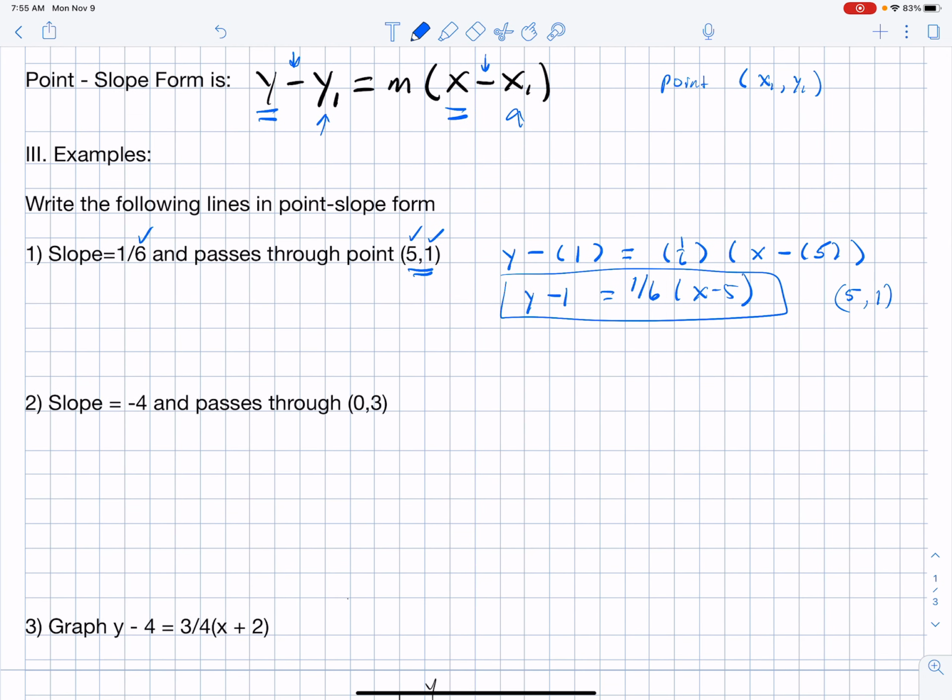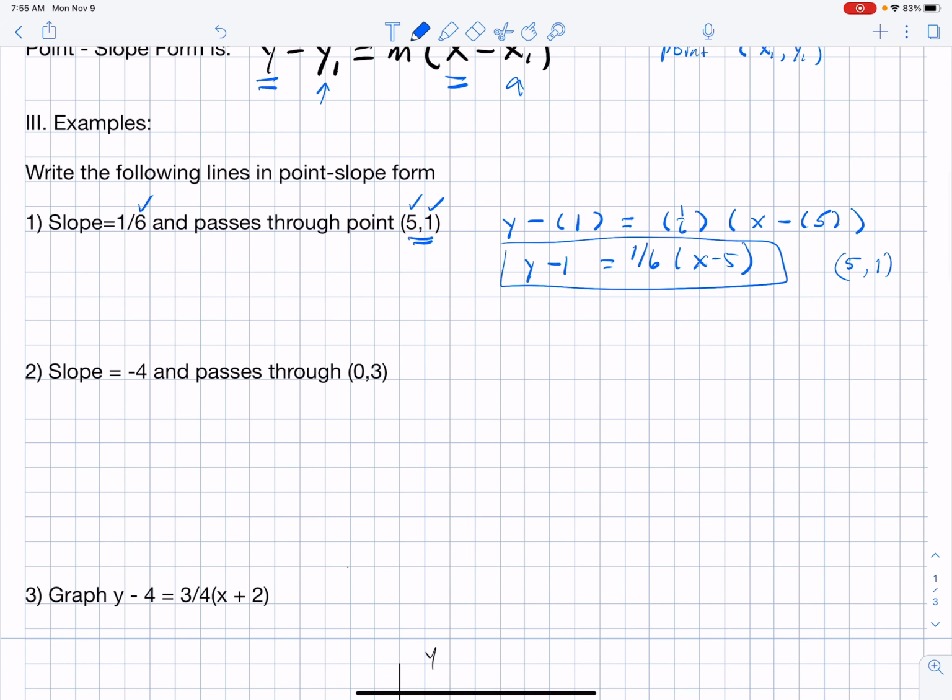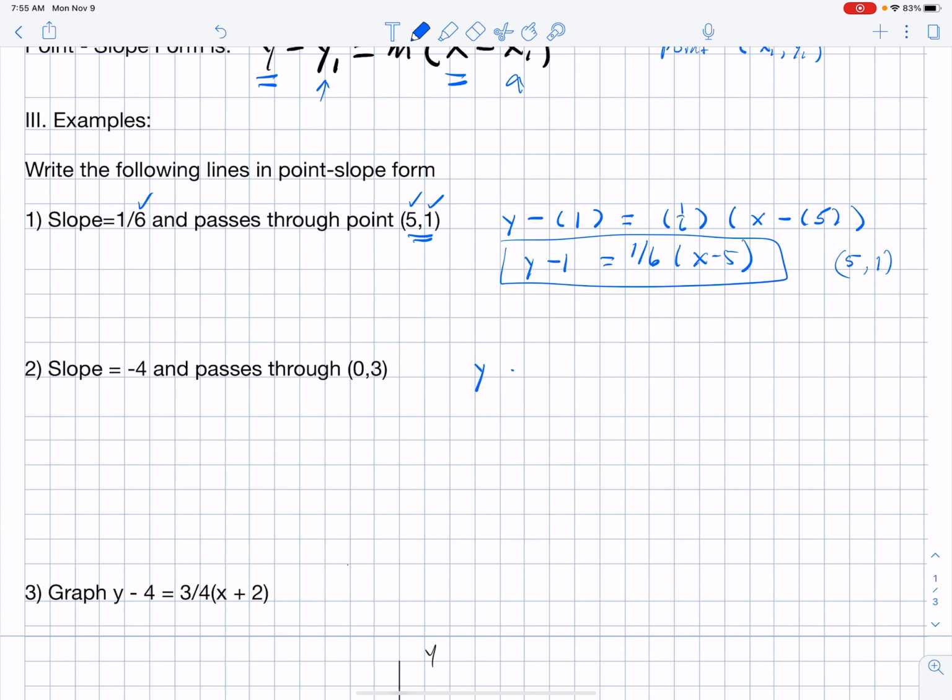All right. So if we wanted to do the second one, we have a slope of -4 and it passes through 0, 3. We would say y minus the y coordinate equals the slope times x minus the x coordinate. So our y coordinate is 3, our x coordinate is 0, and our slope is, I just blew that.